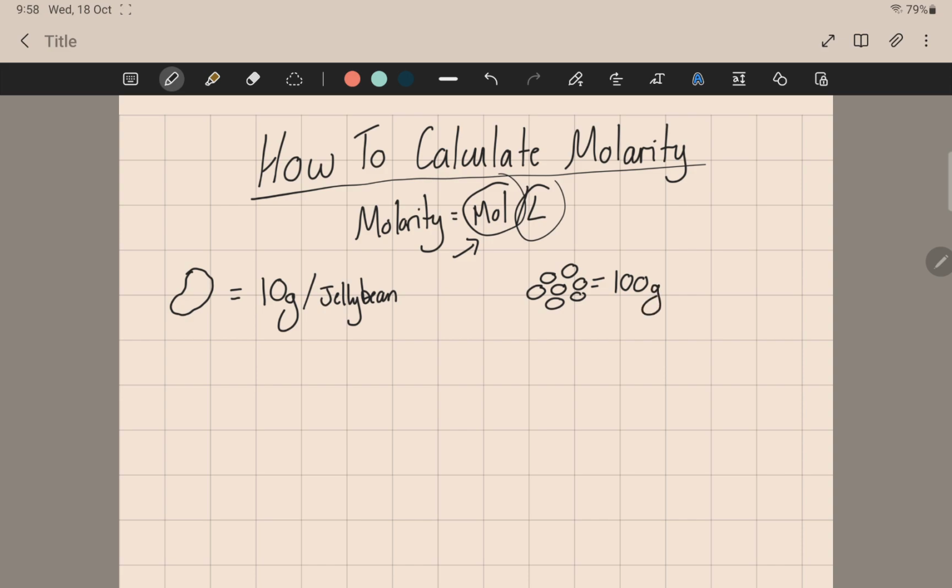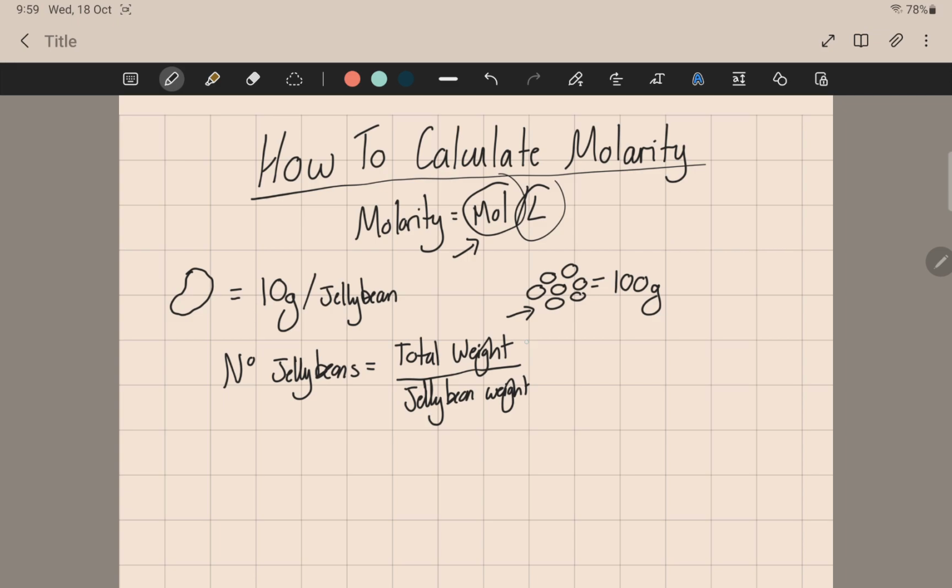So how do we find out our number of jelly beans in this pile? Well, hopefully you can see that number of jelly beans is equal to the total weight of jelly beans, so that's our pile there, divided by the weight per jelly bean, or our jelly bean weight, all right?